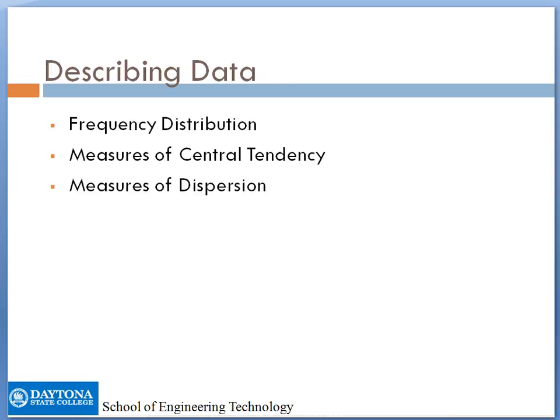Now, when we describe data, and this is part of descriptive statistics, we use 3 different methods. These are the frequency distribution, the measures of central tendency, and the measures of dispersion.